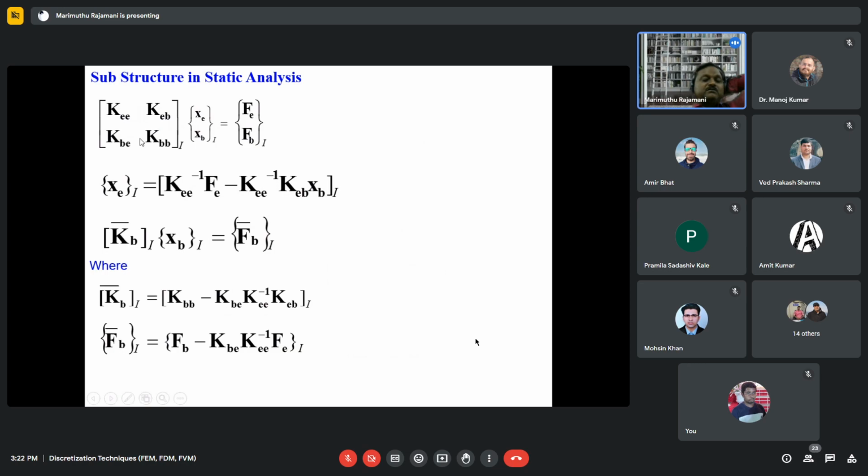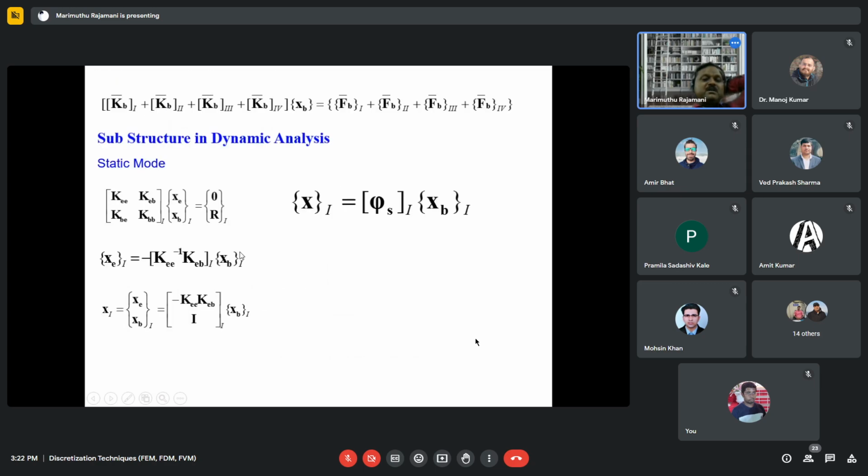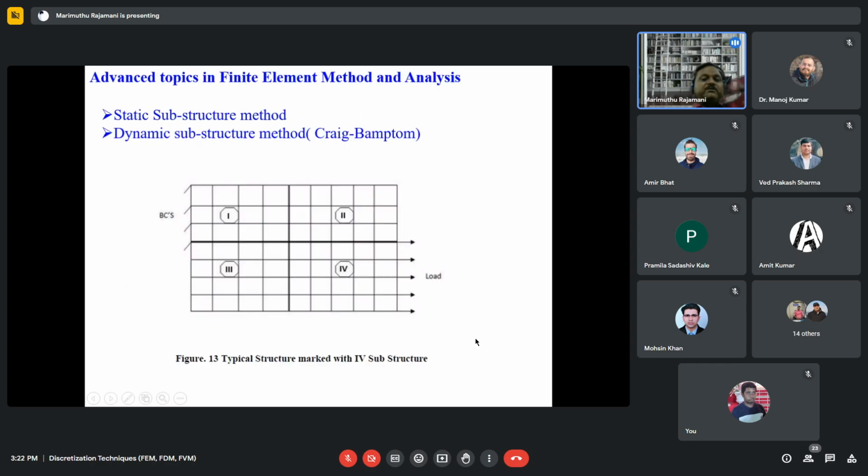Okay, this is to explain what I was telling. We have domain 1, and like that you can get it for different domains, and then you can assemble them for the 4 domains. And when you apply the load, it should also be properly reduced.